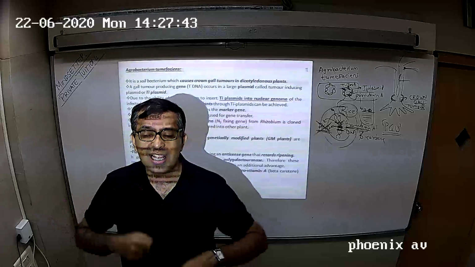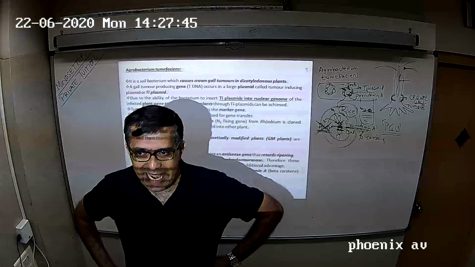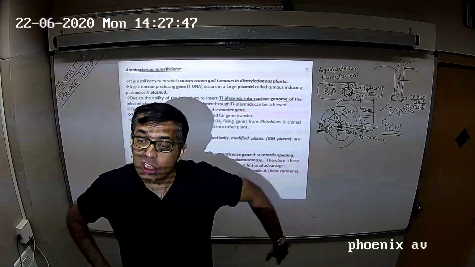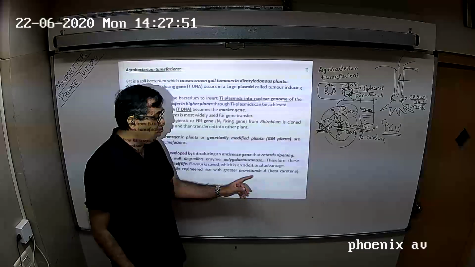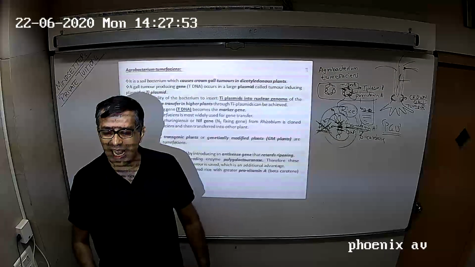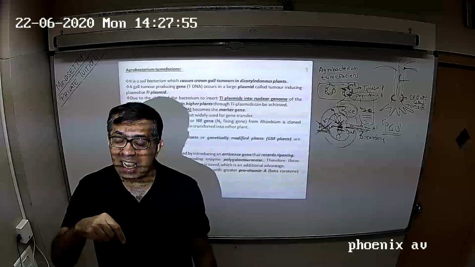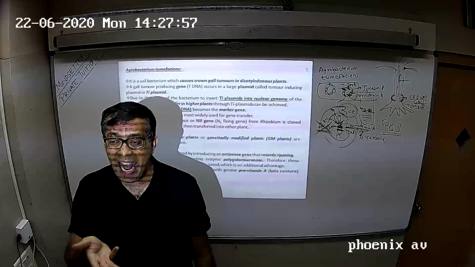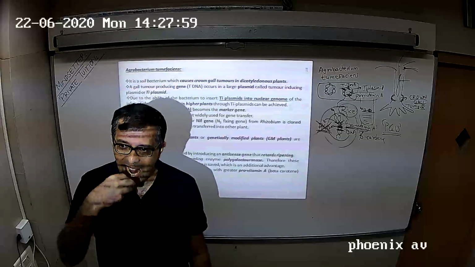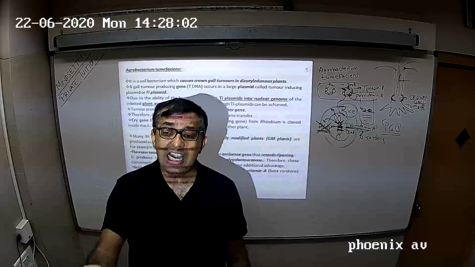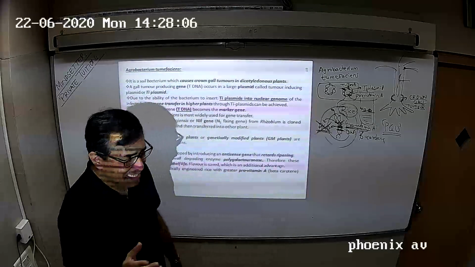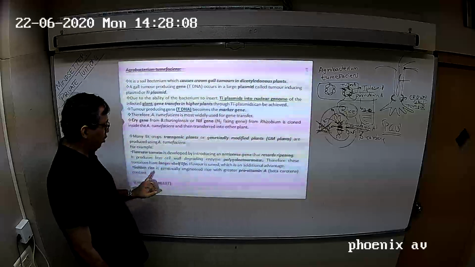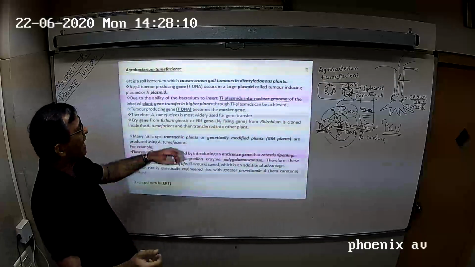So which rice is used nowadays? Not white rice, golden rice, which is genetically engineered rice. It is rich in provitamin A, beta carotene, which will tremendously increase the vitamin A content of the rice, and that is given to children. That will prevent night blindness. So beautiful examples, flavor saver tomato and golden rice are all excellent examples.